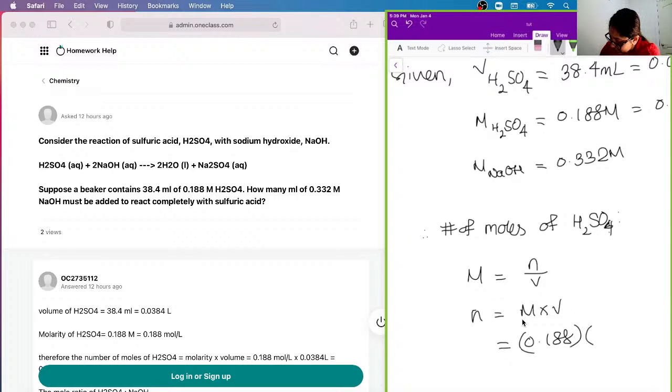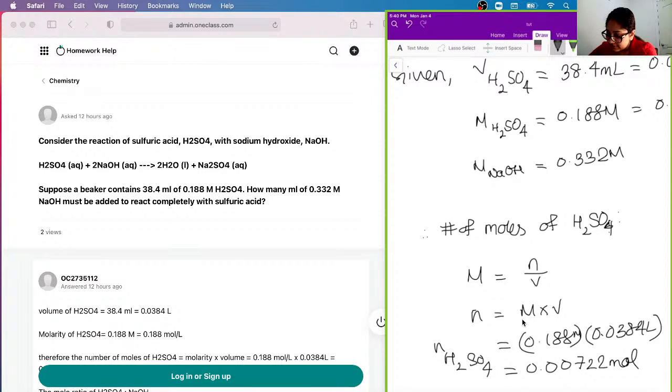Multiply this with the volume, which is 0.0384 liters. And so what you have is 0.00722 moles of H2SO4.